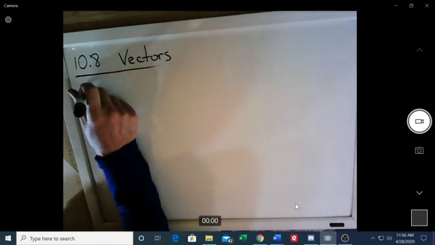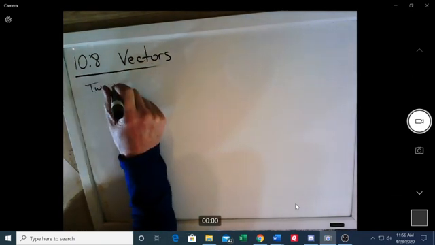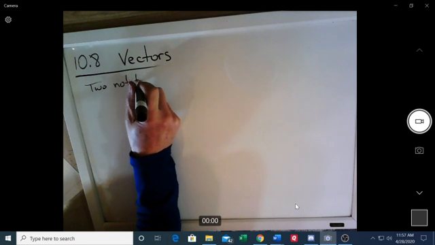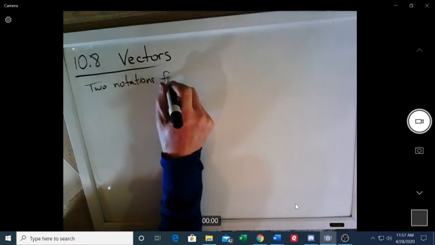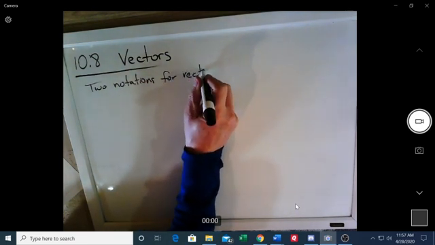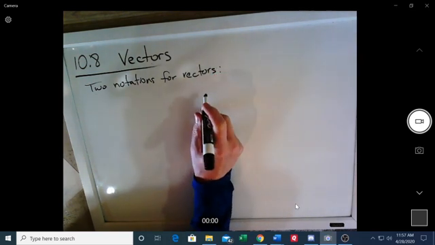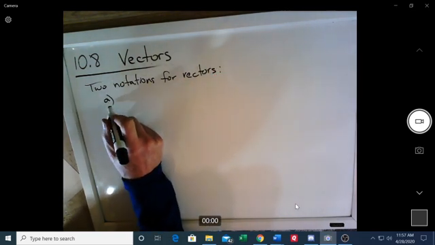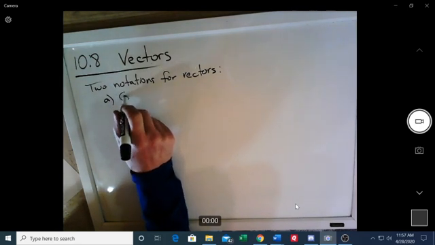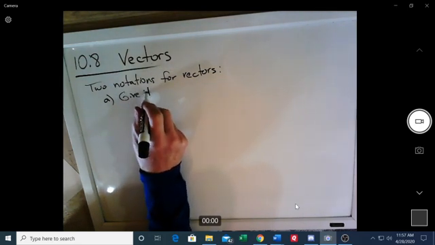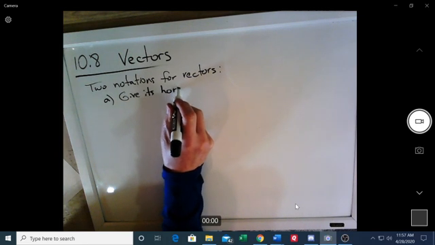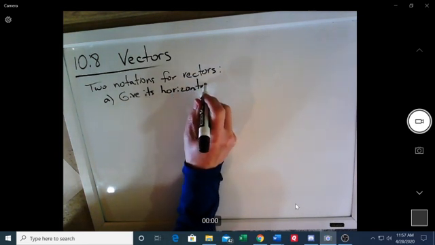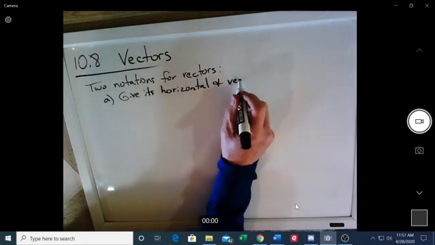And two notations for vectors. A, give its horizontal and vertical components.